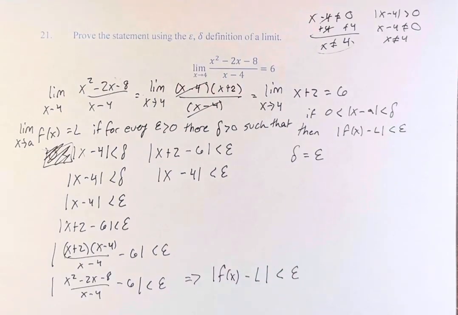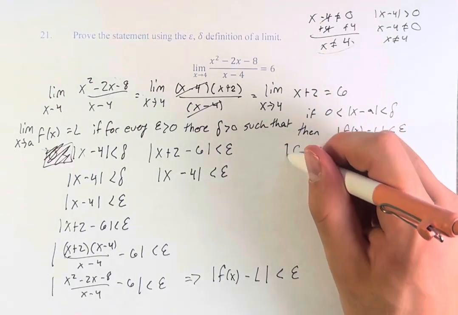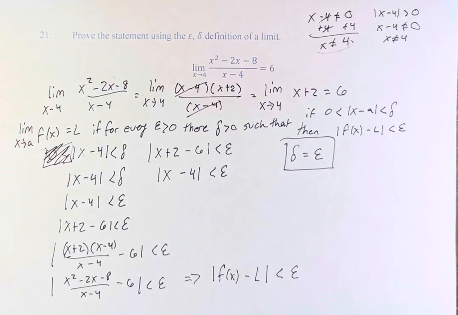That might seem like a really obvious substitution where we're just undoing what we just did, and yes, that's true because this is a very simple example. But this proves that we have the relationship that delta is equal to epsilon.